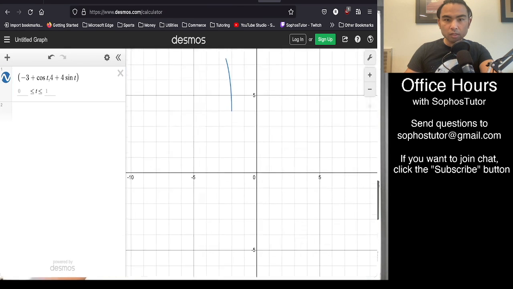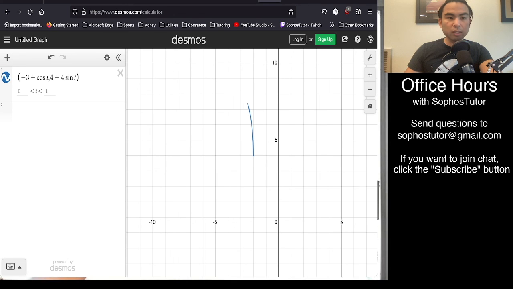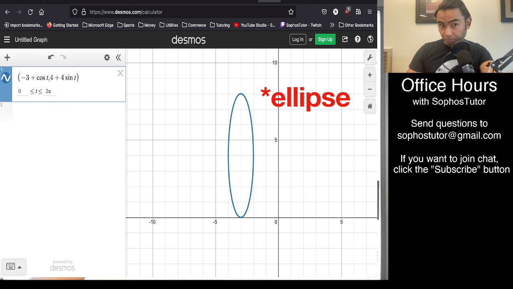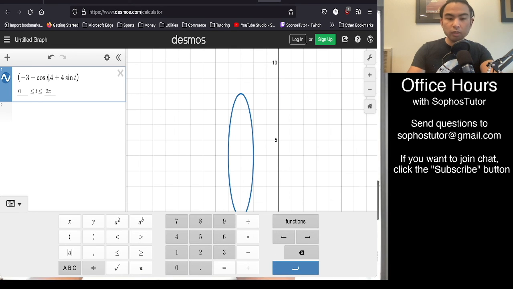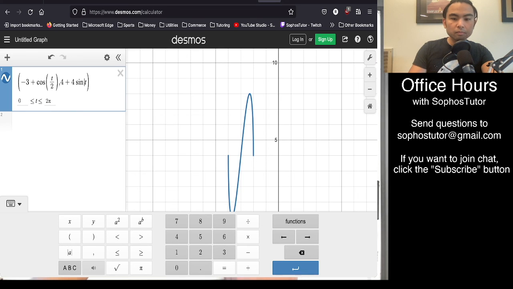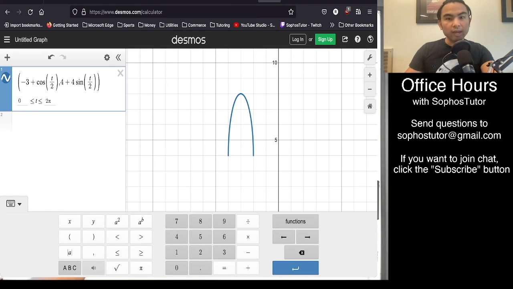Okay. Now, the reason why this looks weird is because we set our limits to 0 and 1. But here we want to set our limits from 0 to 2 pi. And notice we have our full circle. Okay. Now, if I replace these t's with t over 2, like that, and the t divided by 2, like this, you notice that we have successfully cut this ellipse in half.